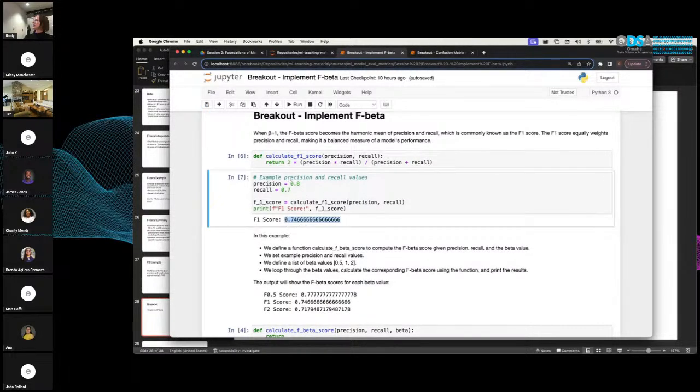You can play with this. You can change your precision and recall to whatever you want in here, and you can end up saying, oh, interesting, 0.9 and 0.3 generates 0.45, and you can start to understand how that really is sort of like the halfway point between 0.9 and 0.3. So it's kind of interesting.